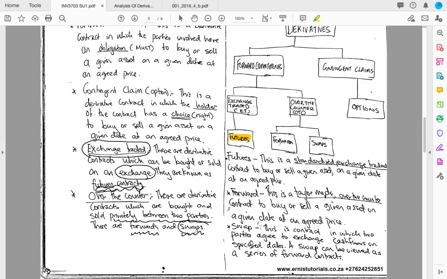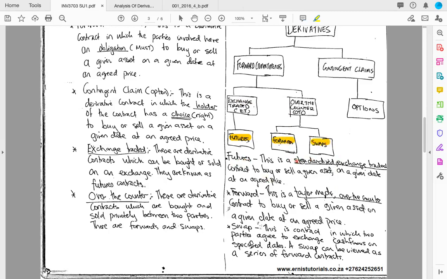We'll talk about swaps later on, but for now, when we talk about forward commitments, you should think of forward contracts, right? So here I briefly then just talk about these types of contracts, like a futures contract, a forward contract, and a swap. And I define them as follows.